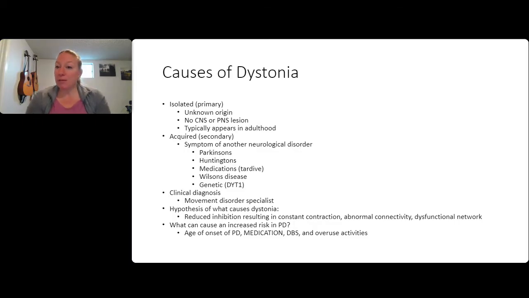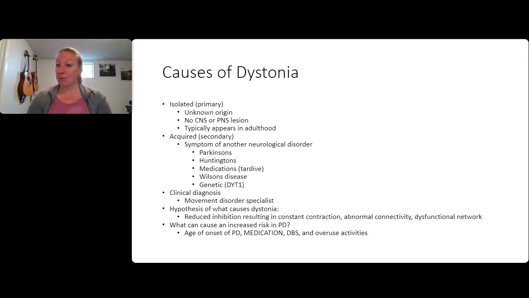And then we can also have an acquired or secondary dystonia. And I would say this is the majority of what we see in our clinic. It's a symptom of another neurological disorder. So about 90% of our patients have Parkinson's, and so we see quite a bit of dystonia as well as dyskinesia in the office.